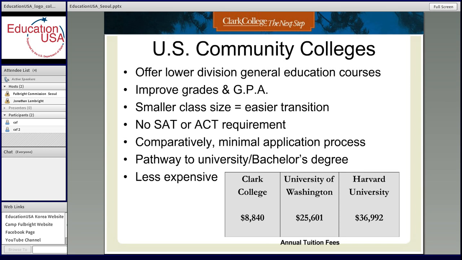We've compared that with University of Washington in Seattle, whose college tuition is $25,601 for 1 year, or Harvard University in Massachusetts. One academic year tuition is $36,992. So you can see that starting at Clark College or other similar community college will offer significant savings towards your bachelor's degree by starting out with those first 2 years.